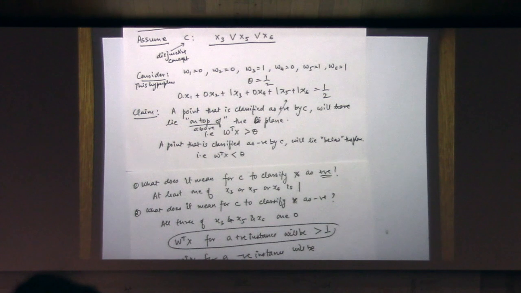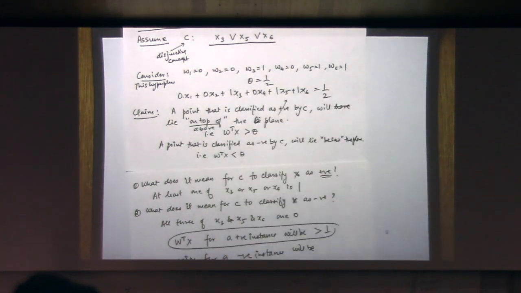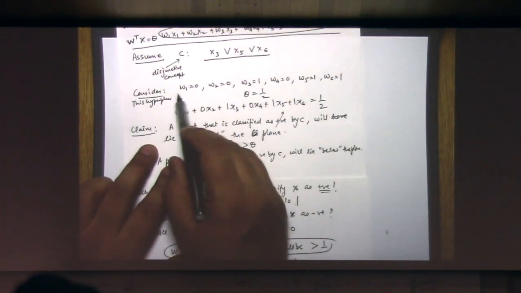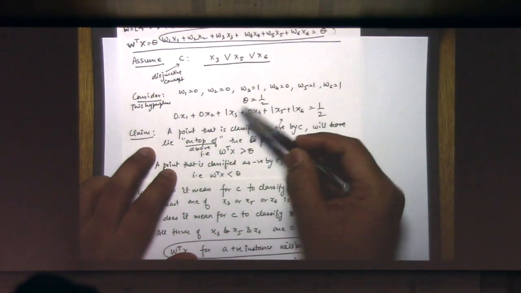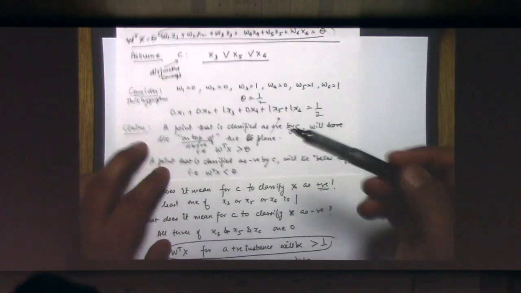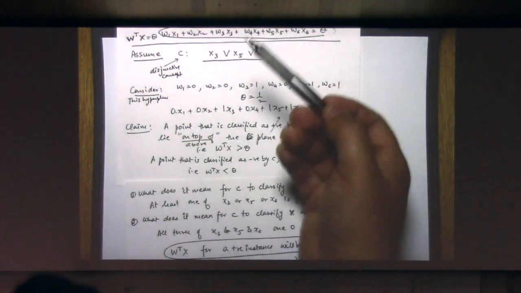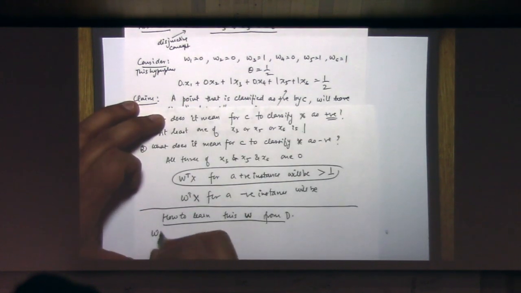But if I just give you some training data, then you cannot, because we were able to come to this hyperplane only because I knew the concept. I just set these values as 1 because I knew the concept. But what if I don't know the concept? Then how do I learn this value? And that is what the algorithm called Winnow will do.